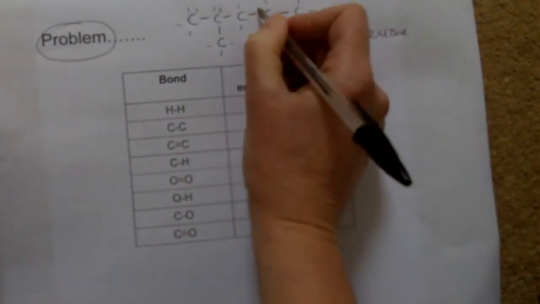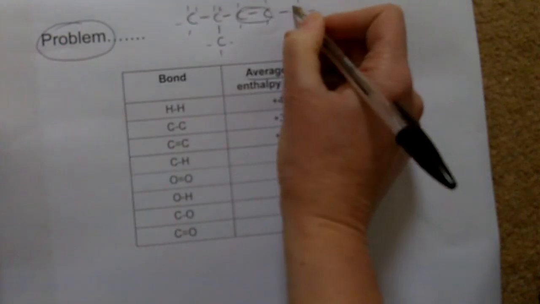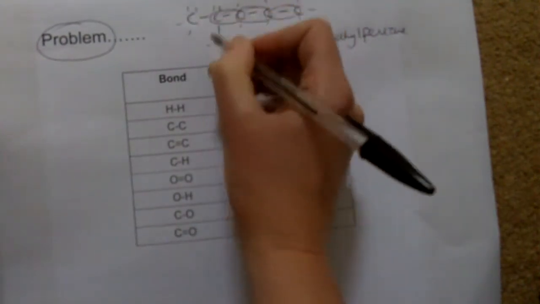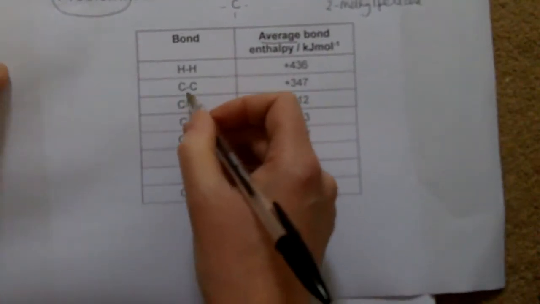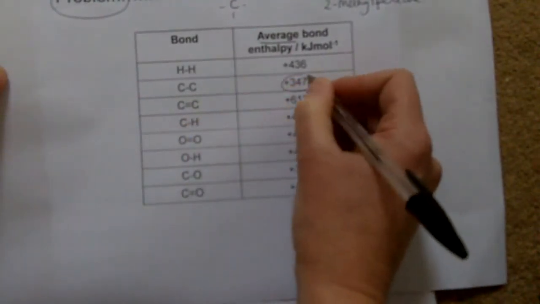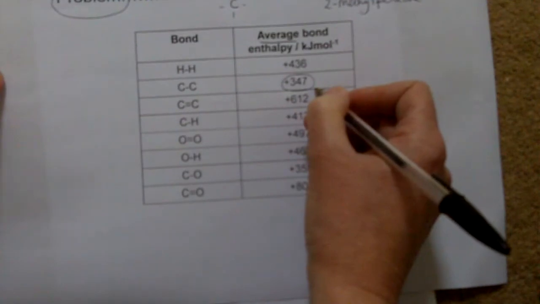Now there's lots of C-C bonds in here. C-C bond, C-C bond, C-C bond. The table here shows this much energy is needed to break a C-C bond.